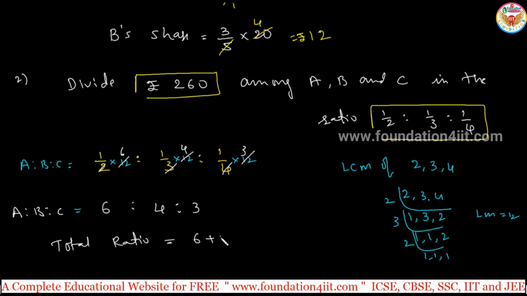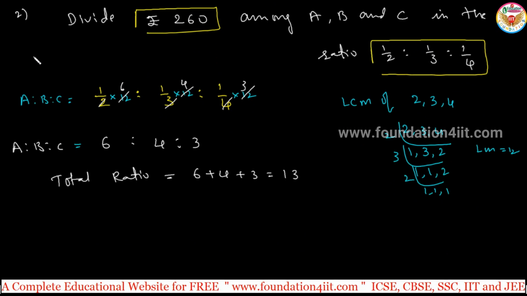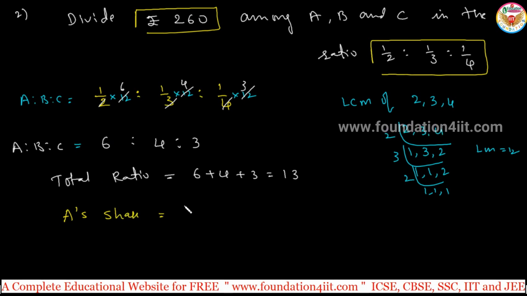Here you can find out the total ratio. 6 plus 4 plus 3 is 13. Now we can solve the question easily. The total amount is 260. If you want A's share, A's ratio is 6 out of 13 into the total amount or total quantity to be divided, that is 260.